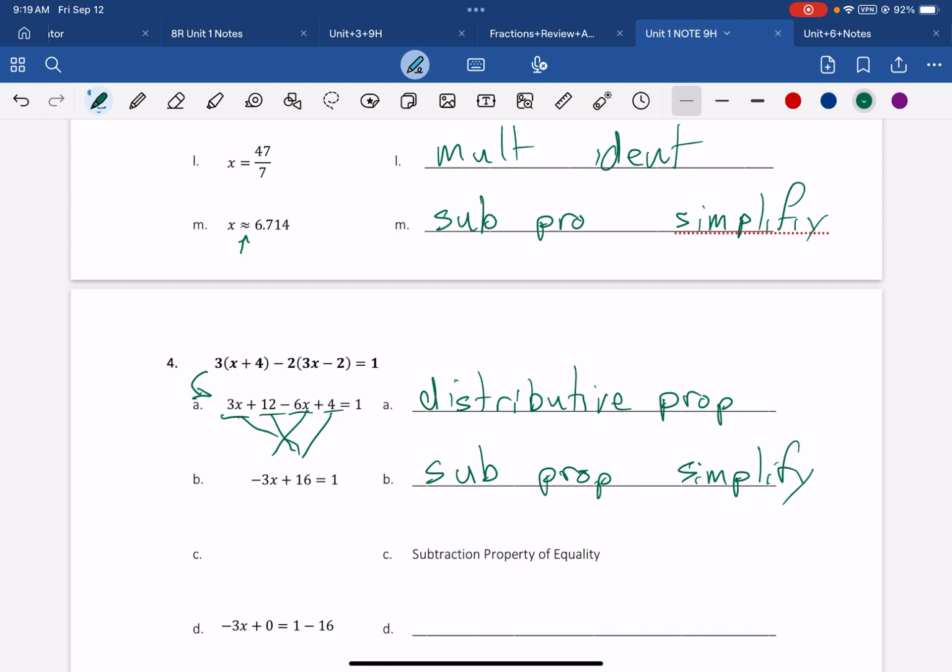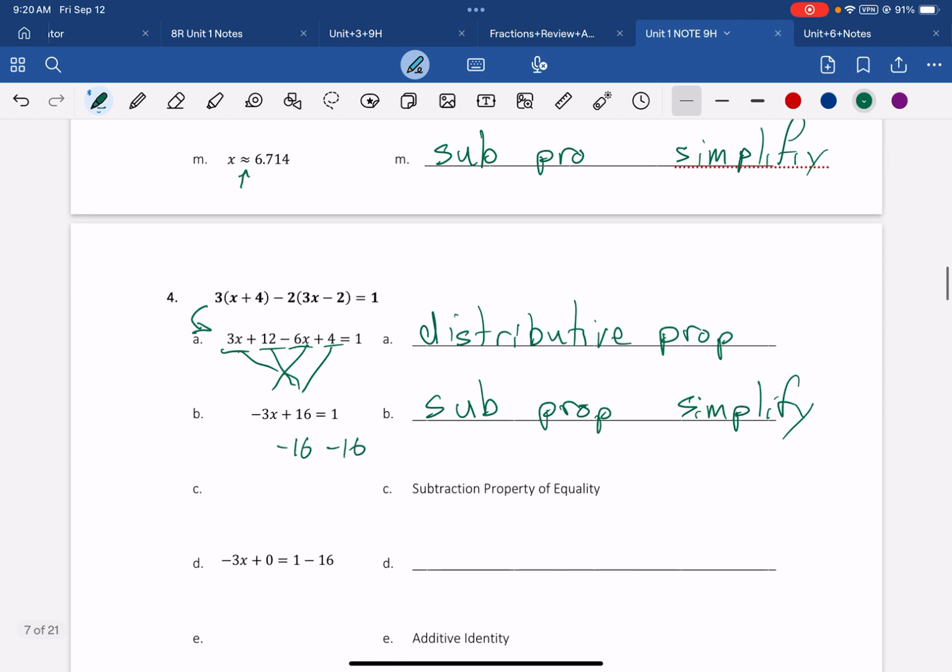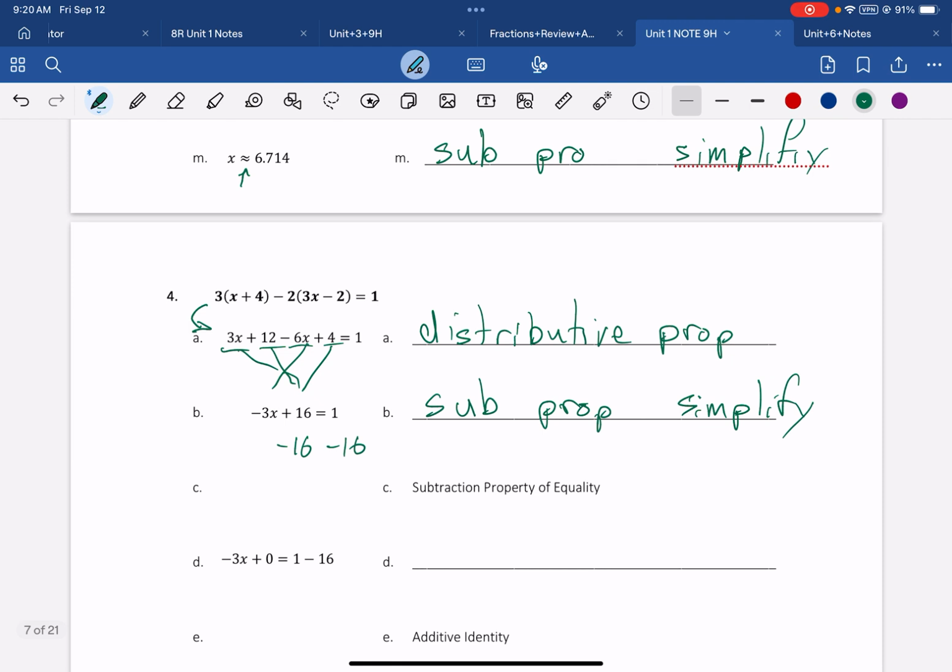Okay, they want us to do the subtraction property of equality. So that means we are going to minus 16 both sides. And I think that's good enough to show that I subtracted 16 both sides. Okay, next, we are going to look at how it changed.